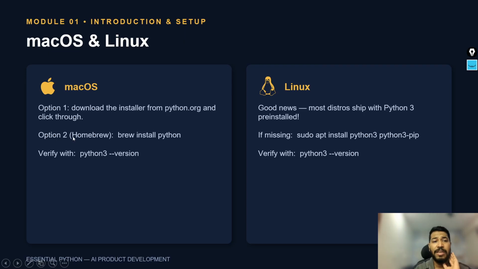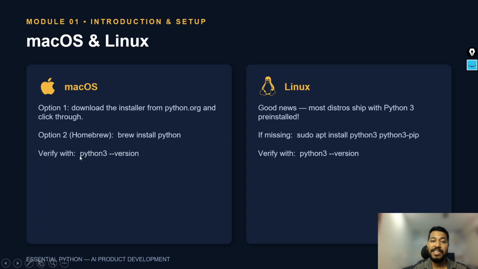As an option, for Homebrew, you can follow this step, because underneath this is also a Linux-like machine. There is a brew command, and using that you can go ahead and install Python. Then you can verify the version using python3 --version. This is how the version could be checked on macOS.